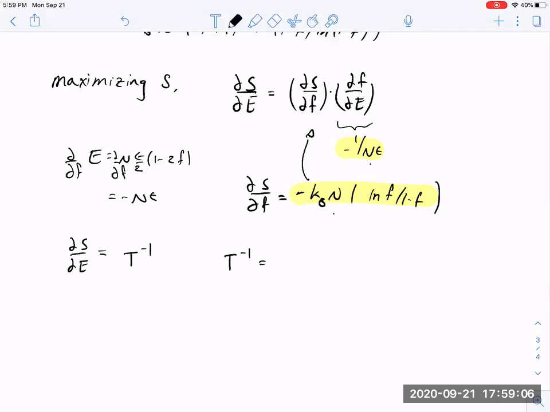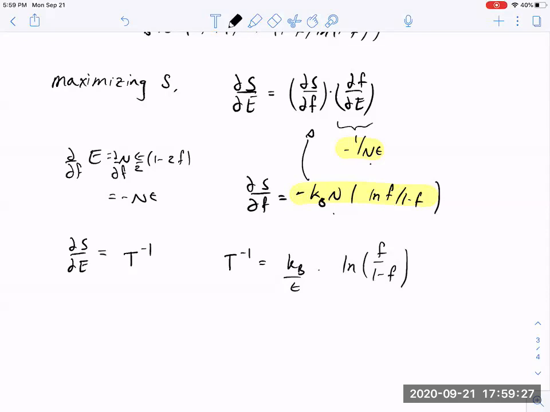Minus signs cancel, the N's cancel. I have a kB, a 1 over epsilon. I have a log f over 1 minus f.